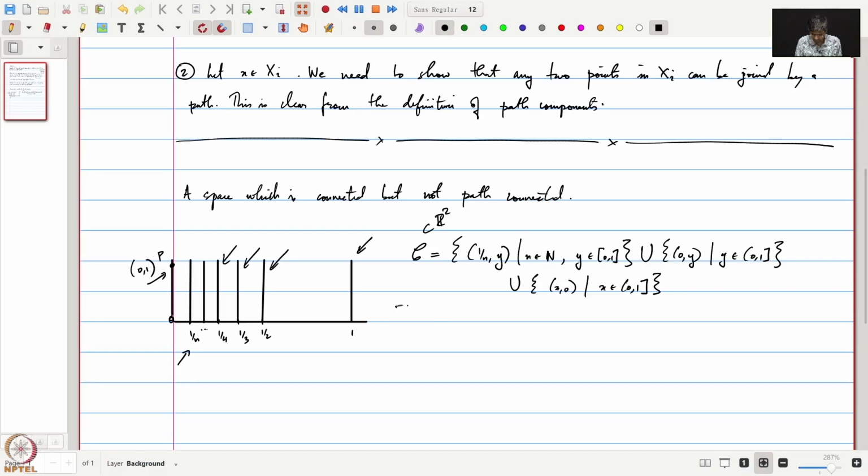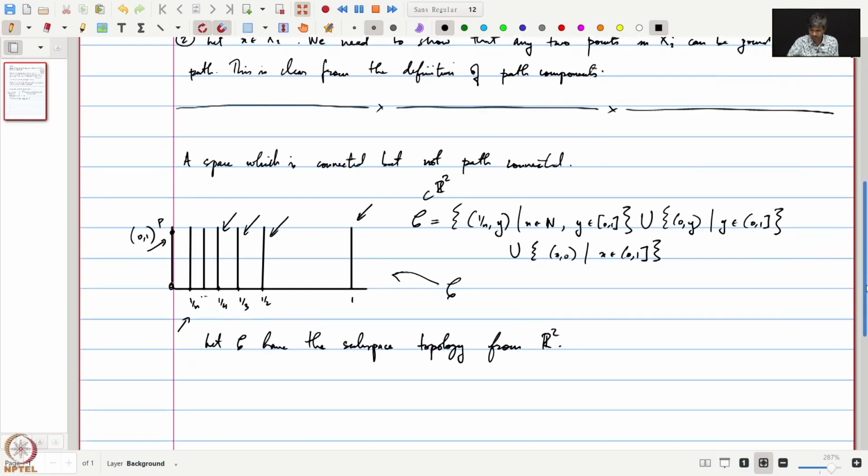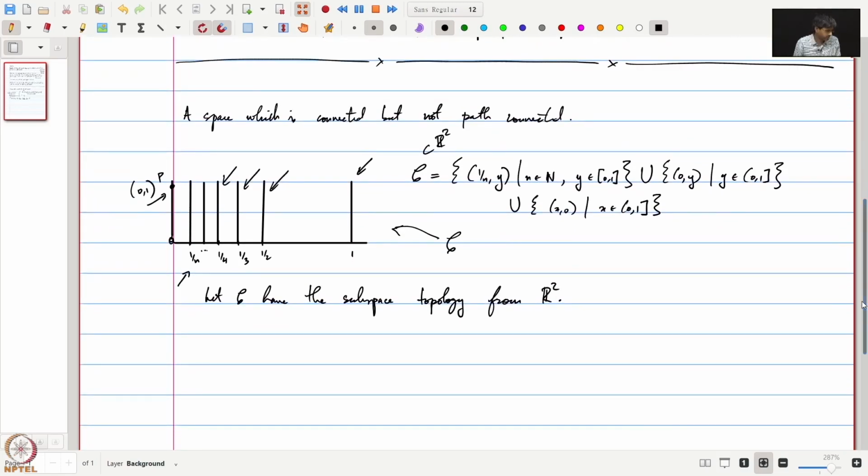So let C have the subspace topology from R2. So R2 has the standard topology, which is the same as the one given by the standard Euclidean metric.